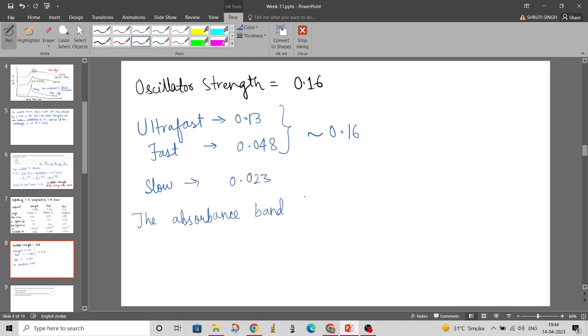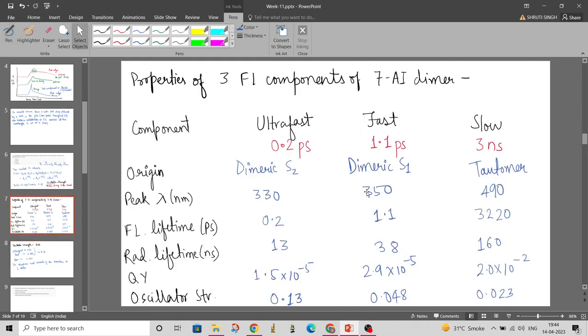This means that the absorbance band consists of transitions to two states, those two states being dimeric S2 and S1.